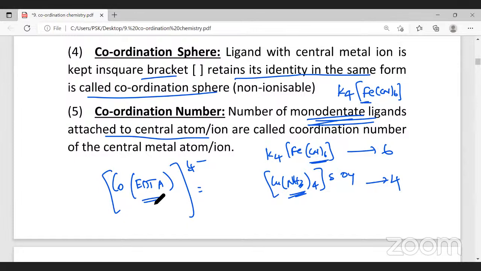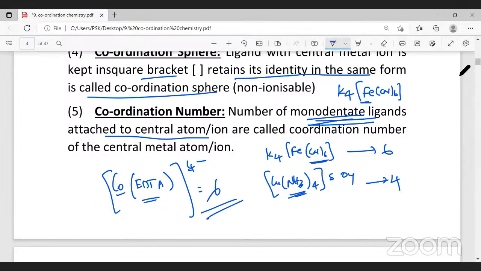Hexa means how much? 6, sir. So this hexadentate ligand will behave like 6 monodentate ligands, yes or no? Yes, sir. A hexadentate ligand behaves like 6 monodentate ligands. Therefore, the coordination number of cobalt here is 6.